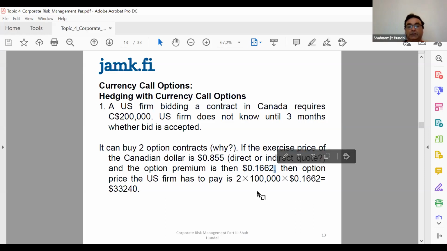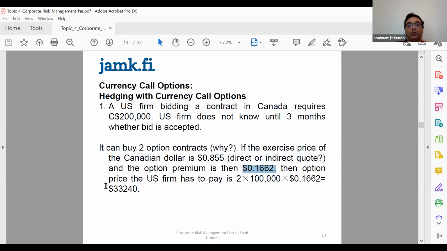The premium is 0.1662. In other words, for every Canadian dollar, you have to pay a premium of 0.1662 USD. And since you are going to buy 200,000 Canadian dollars, the option premium is this much.